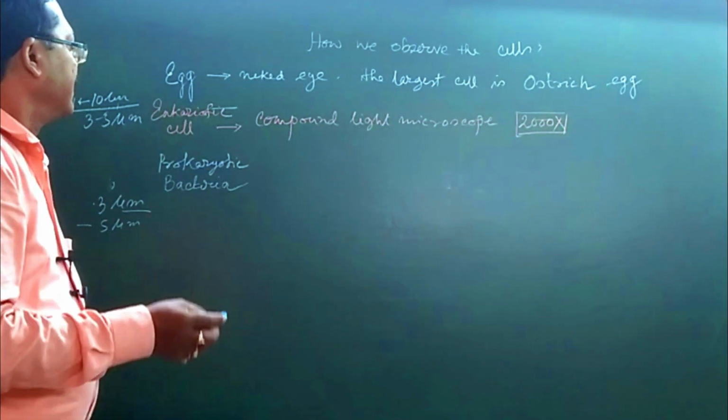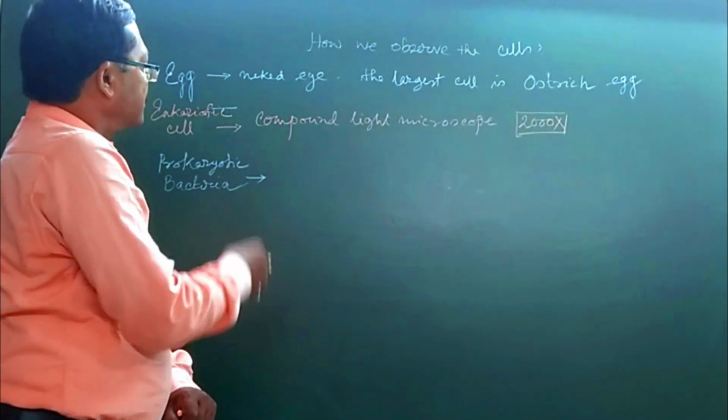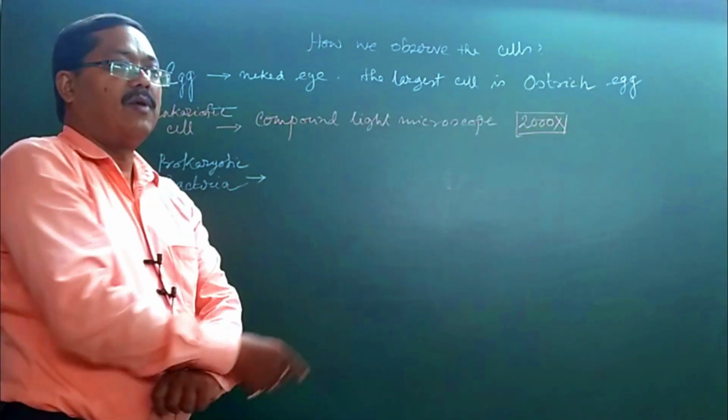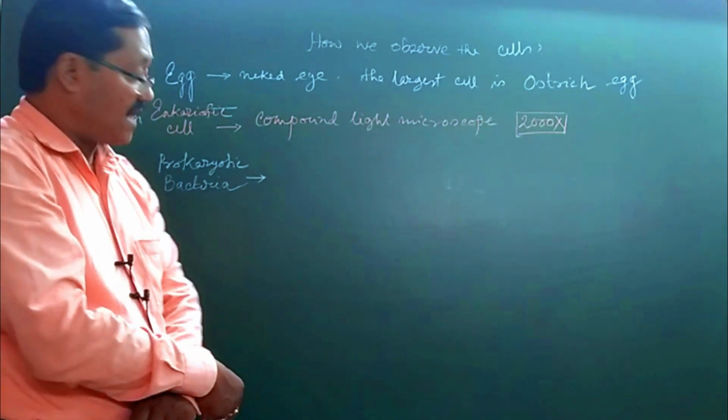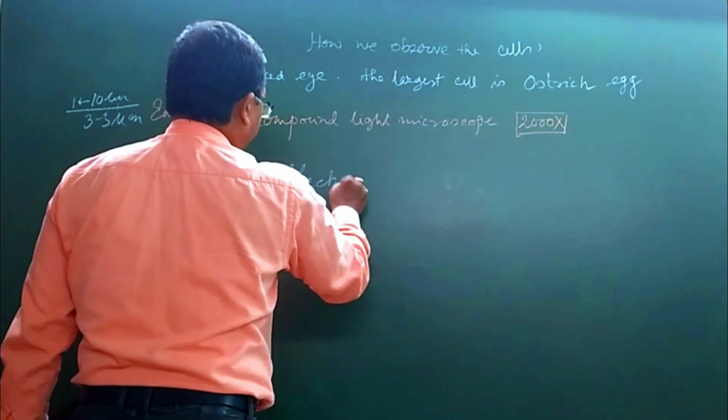They are primitive. Some are found in compound light microscope and some are seen by electron microscope.